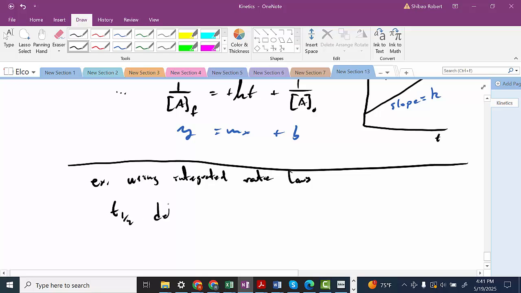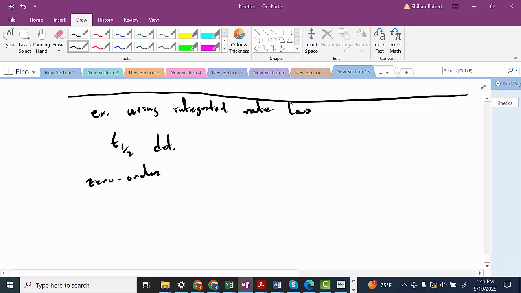The first T1 half is going to be for zero order. When we do T1 half, at time 0 we'll have the initial concentration, we'll call it A0. And then at time T1 half, we're going to have 1/2 of A0. That's going to be it.